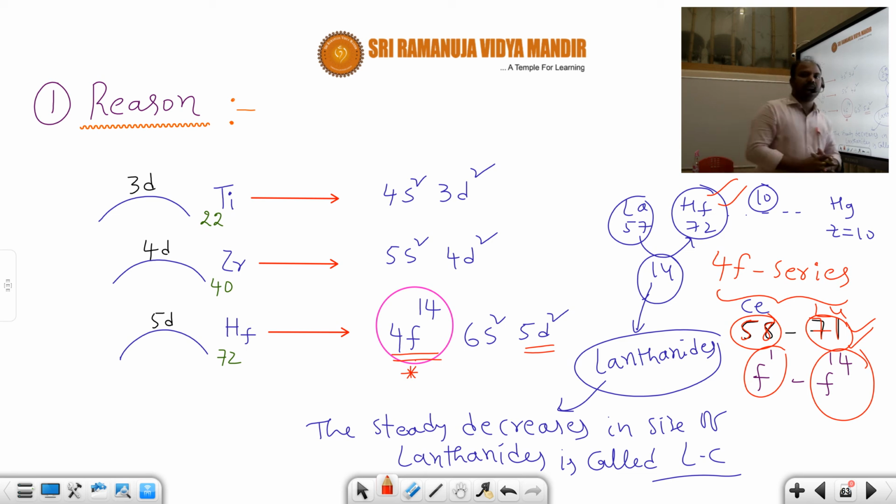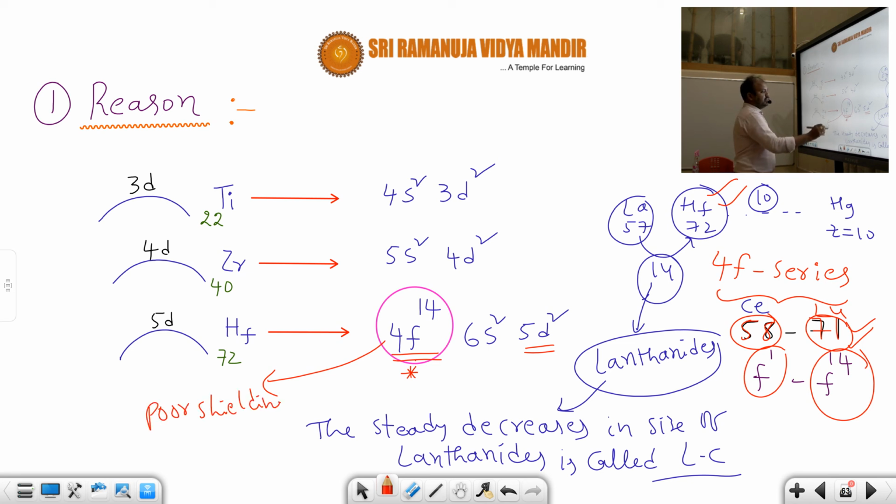That's why atomic radius, what happens? Decreases. We expected atomic radius to increase, but it decreases because the 4f orbital is completely filled and has a poor shielding effect. When poor shielding is there, what happens to atomic radius, Nana?